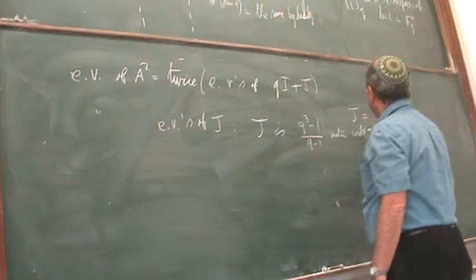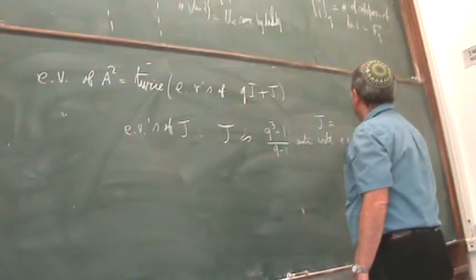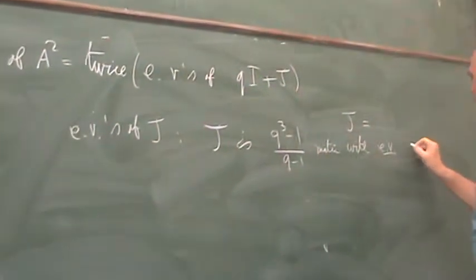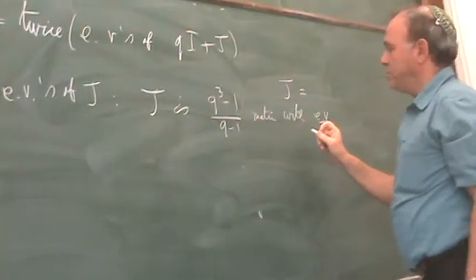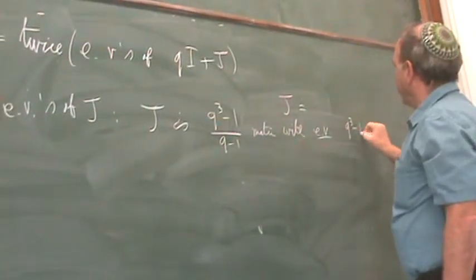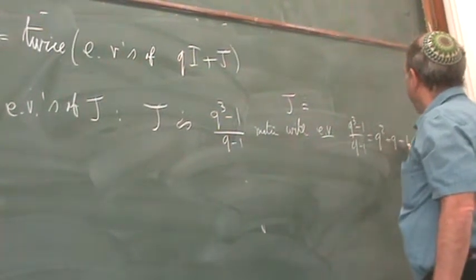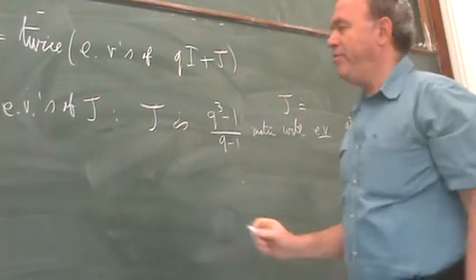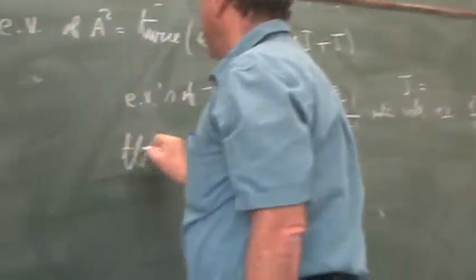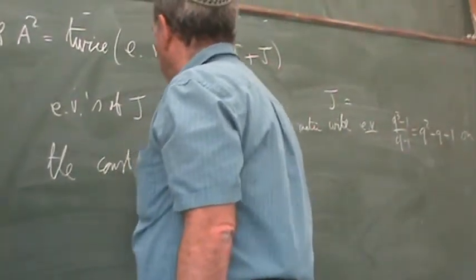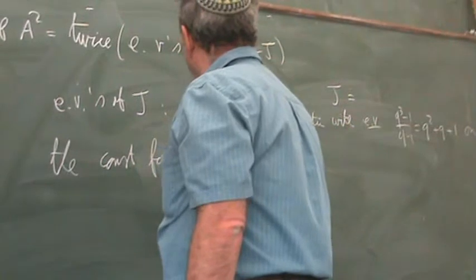with eigenvalue that number, q squared plus q plus 1, on the constant function 1, 1, 1, 1.